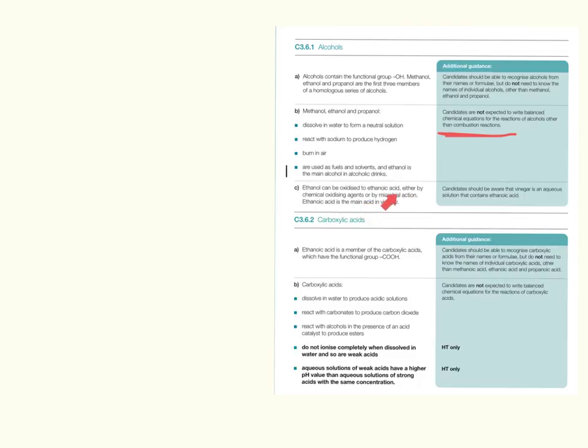So it's just worth noting that rather than giving you an oxidising agent, so we use dichromate in the lesson, they could talk about microbes being involved in this reaction too, but either way ethanol will change into ethanoic acid, and ethanoic acid, says over here as well, is the main constituent of vinegar, but as a solution, so it'll be dissolved in some water to make vinegar. So that's alcohols in a nutshell.